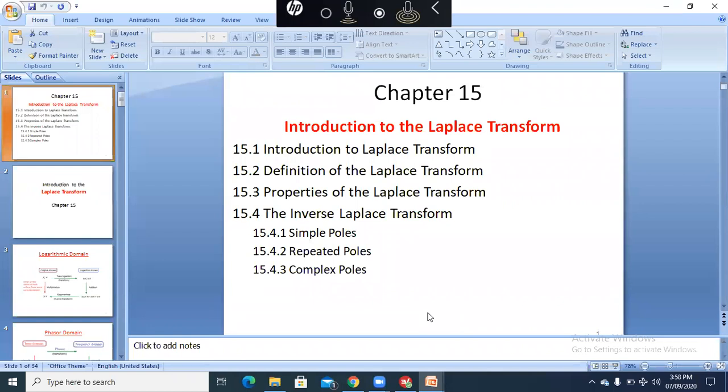So first we see what the Laplace transform is and its definition. Then we study the properties of the Laplace transform, and we will study the inverse Laplace transform as well.